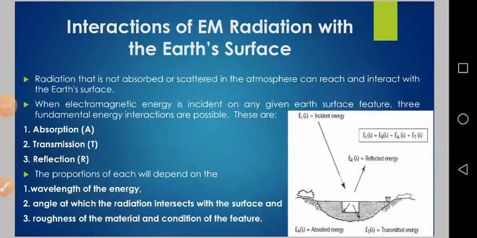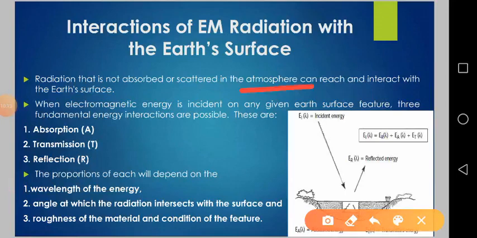Now the interaction of electromagnetic radiation with the Earth's surface. The radiation that is not absorbed or scattered in the atmosphere can reach and interact with the Earth's surface. When the electromagnetic energy is incident on any given surface feature on the Earth, three fundamental energy interactions are possible: absorption, transmission, and reflection.